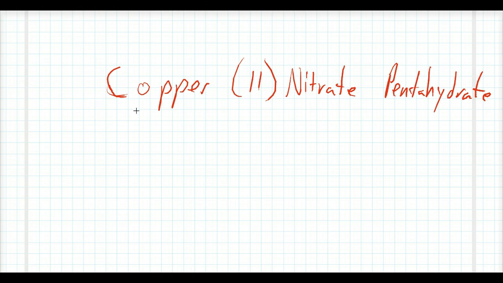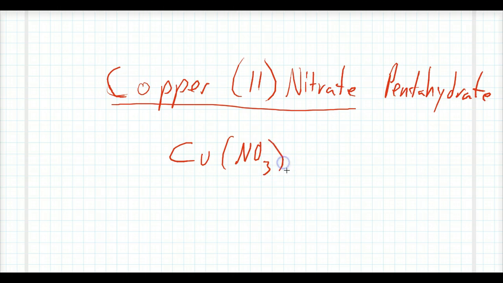Well, first of all, let's talk about what is very common. It's a throwback to polyatomic ionic naming. Copper 2 nitrate. A lot of us are proficient enough that we can just write copper 2 nitrate like that.